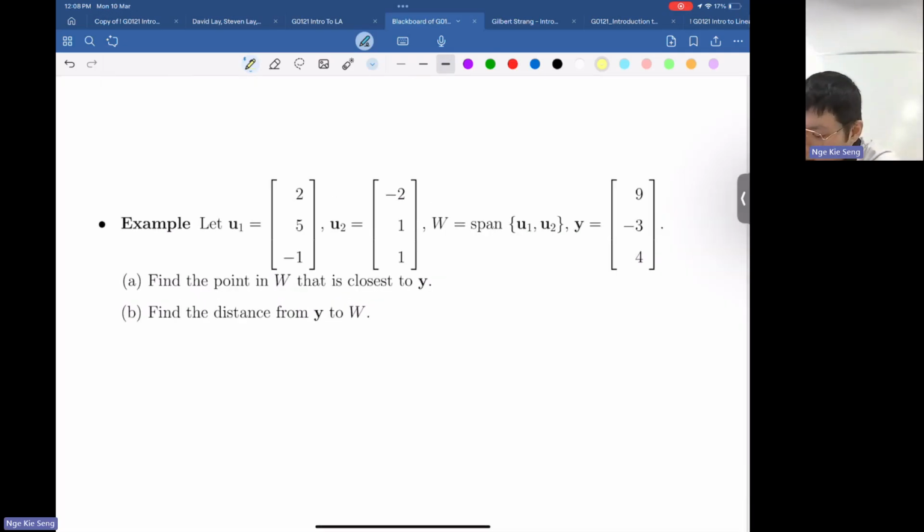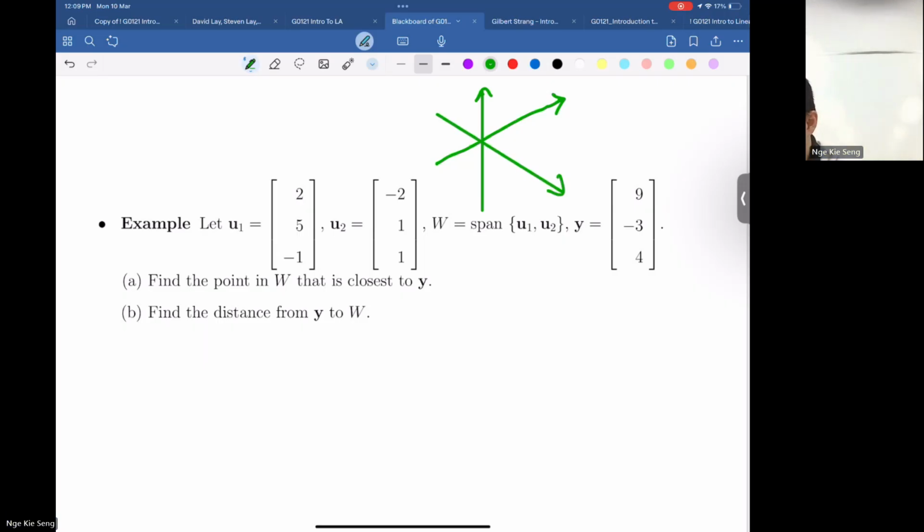So we have u1, u2. If you can, it's good practice for you to draw it, because you need to understand what people say. So better you have a picture in your mind. It's very important when you listen to what people say.